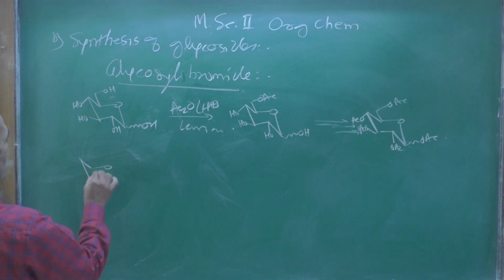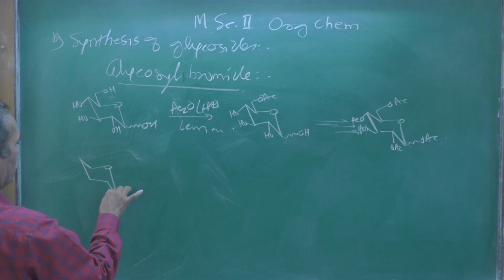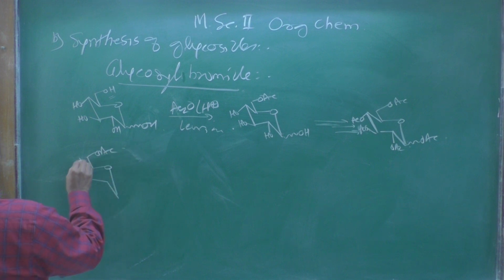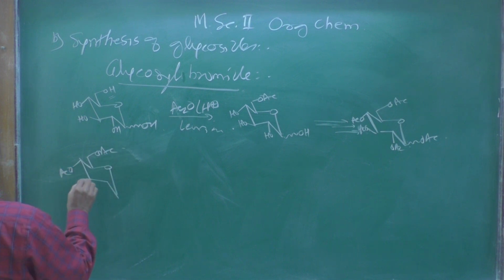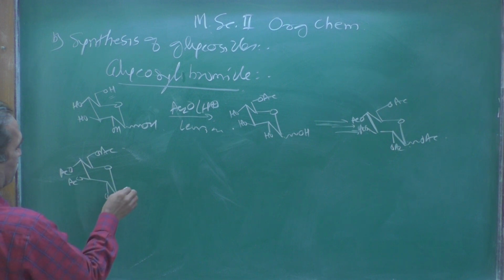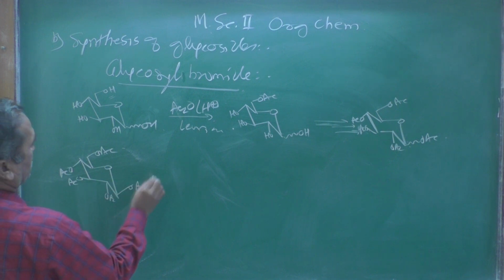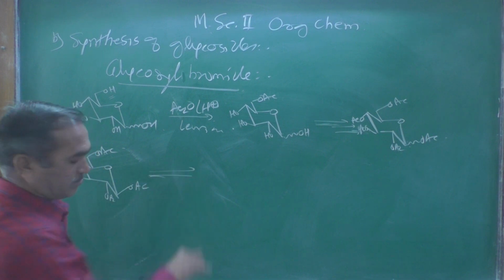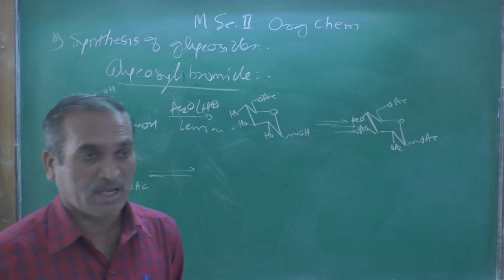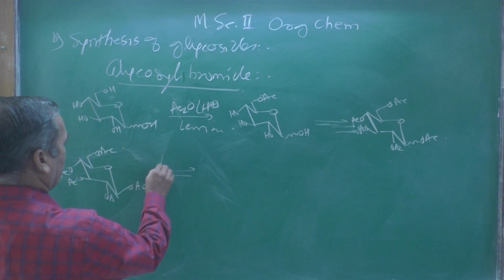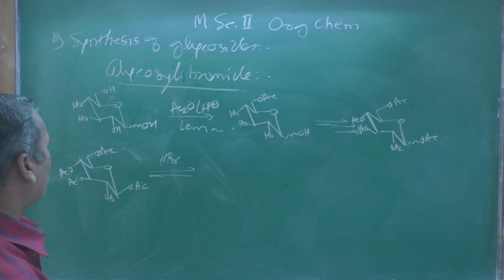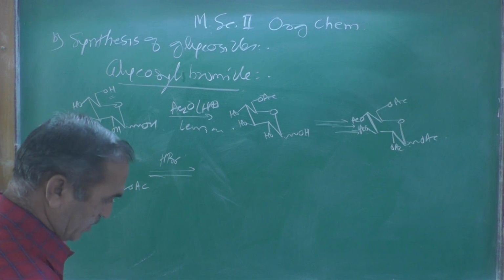And now let's see what we get here: OAc, then OAc, here also OAc, then OAc, here OAc, all acetyl groups. And at equilibrium, when it is treated with hydrogen bromide, HBr, what is going to happen?